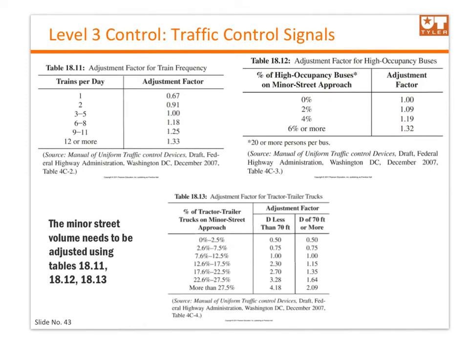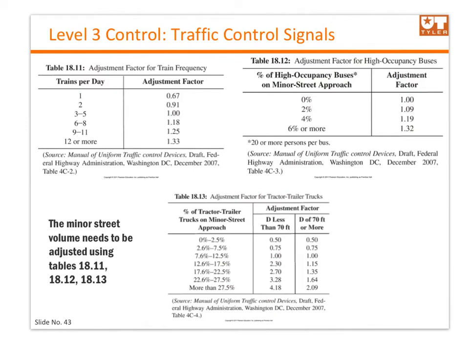The third correction has to do with the tractor trailer trucks. The assumption was done for 7.6 to 12.5%. This is the default value for the percentage of tractor trailers.